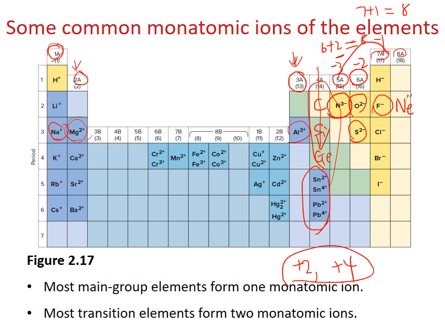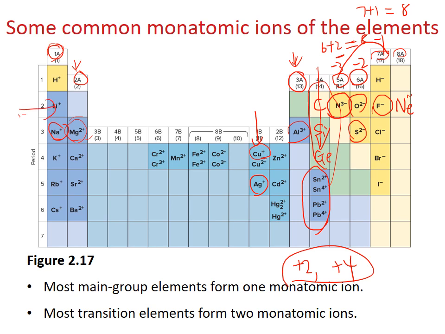All right, now let's briefly look at the transition metals. So transition metal group 1, the 1B group, they also have charge 1+. Okay, you see silver 1+, copper 1+, just like main group elements, lithium group 1, 1+.